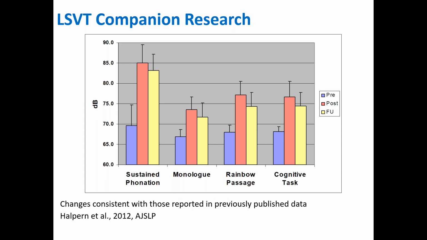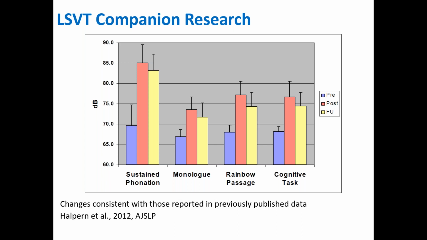And then we have pre-treatment, post-treatment. Pre-treatment in purple, post-treatment in that pinkish color, and yellow is 6-month follow-up. And what we're seeing are some nice improvements in decibels of sound pressure level, or vocal loudness, from pre to post that are maintained out to 6 months of follow-up.